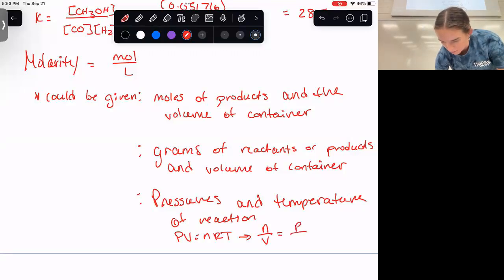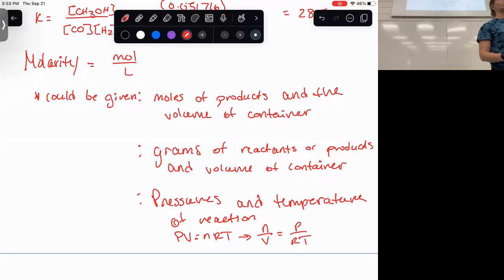It's equal to P over RT. You could use the pressure that you're given and the temperature of the reaction to find moles over volume, and then use that as your concentration. That's how you actually relate Kc to Kp, through PV equals nRT.